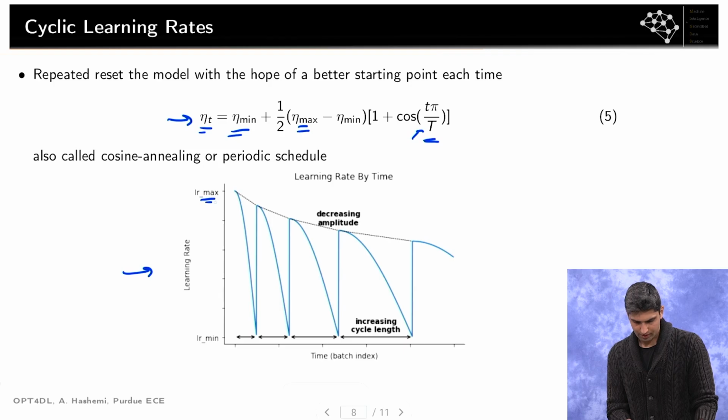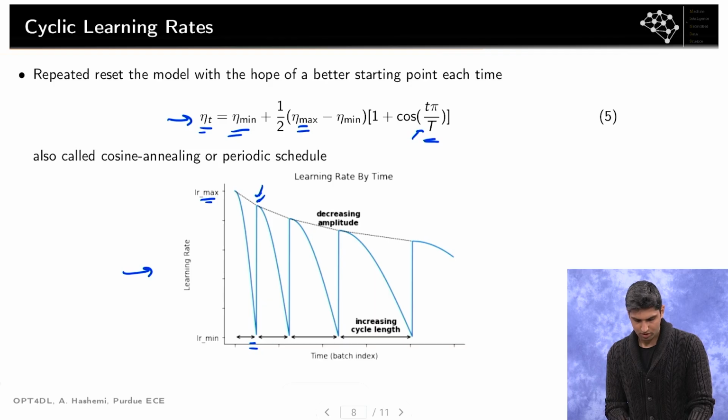So I have this max learning rate, and I'm going to use this cosine function to reduce the learning rate to the minimum value, okay? And then I'm going to increase it. But I'm not going to increase it up to learning rate max anymore. I'm going to use a decaying schedule for learning rate max. So I'm going to reduce it to this point, okay?